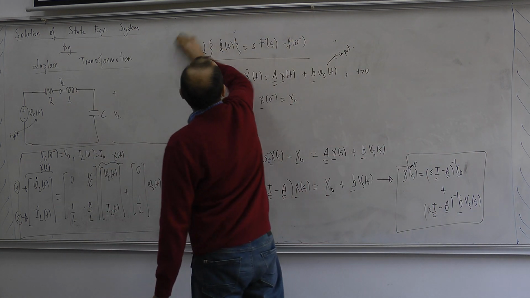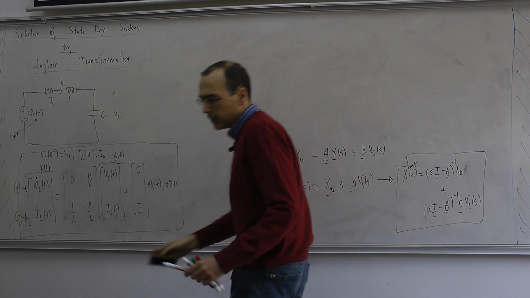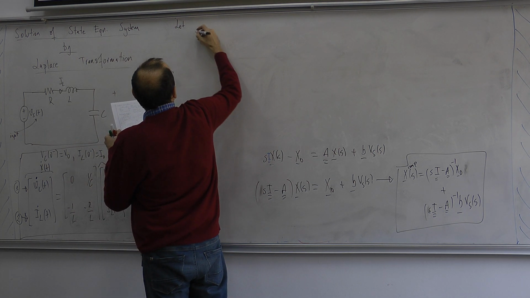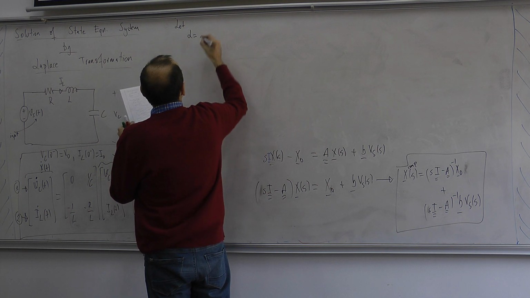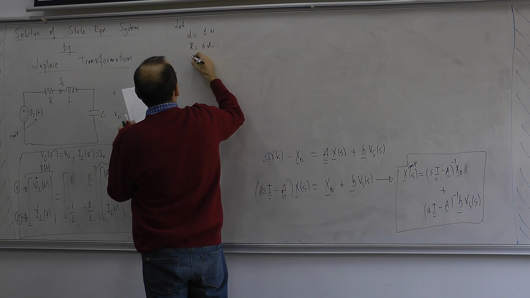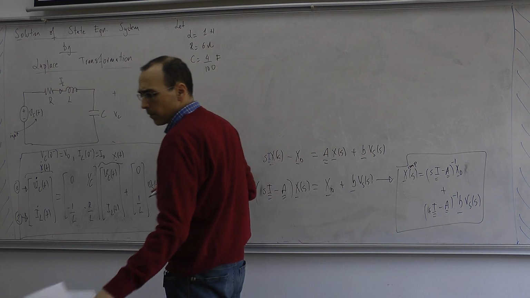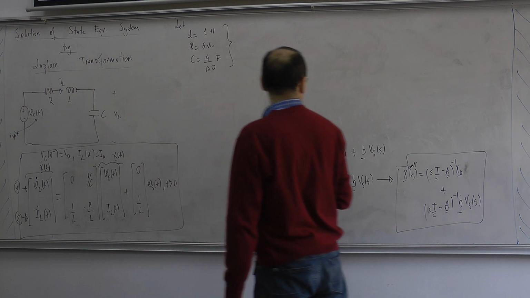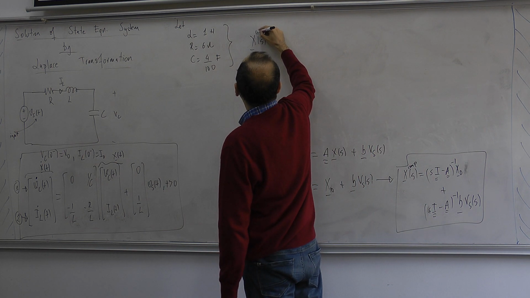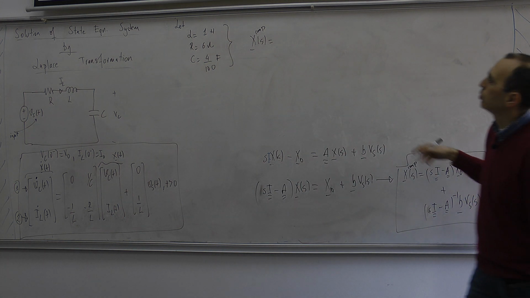So let's do some numerical calculations with this result. Let me fix some RLC values. Let L be equal to 1 Henry, R equal to 6 ohm, C equal to 4 over 100 farads. Then x of s, my complete solution, is equal to (sI minus A) inverse.